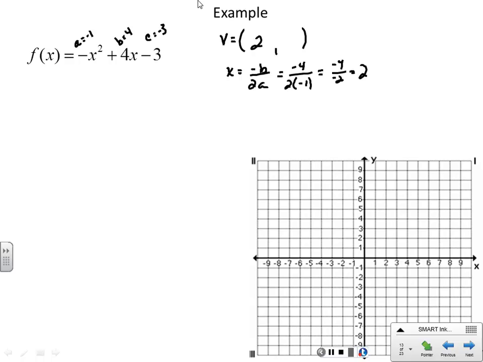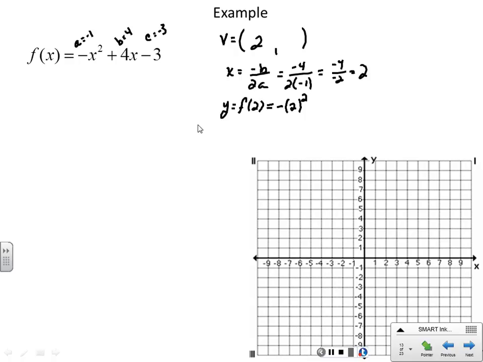Now, to find the Y coordinate, we're going to do F of 2. So where am I going to plug that 2 in? In for your X in your original function. So everywhere you see an X, and again, don't miswrite that.